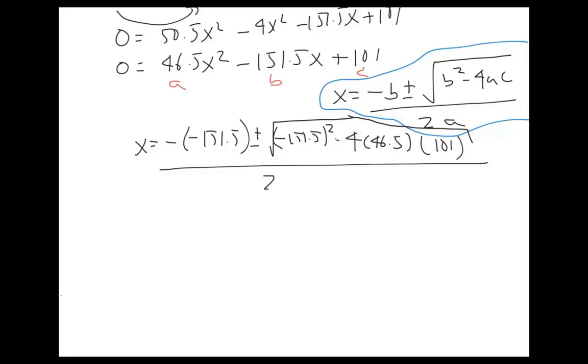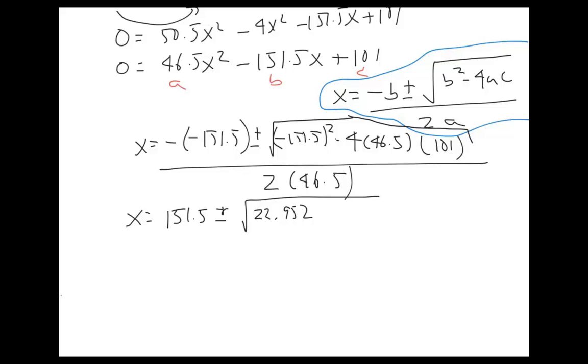So 2 times 46.5. So x will be equal, minus the minus will be 151.5 plus minus the root square of 151.5 squared. This will be 22,952.